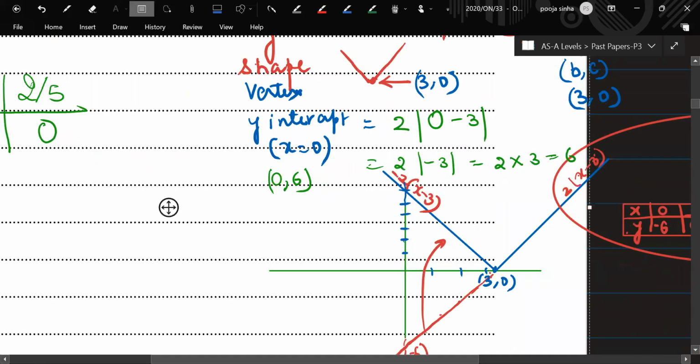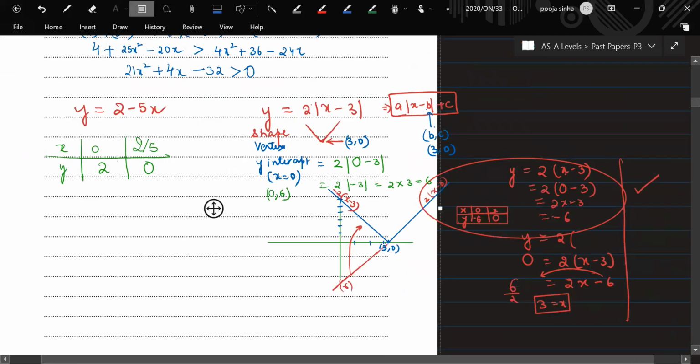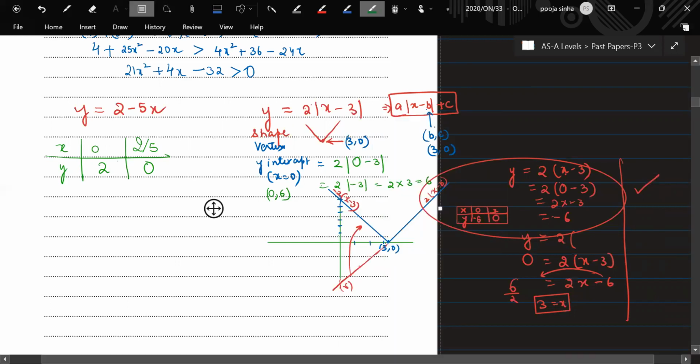Now we will plot this line. When x is 0, y is 2, and when y is 0, x is 2/5, which is approximately 0.4, somewhere here.